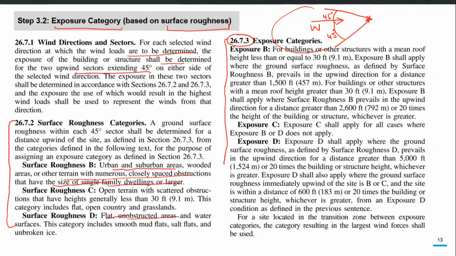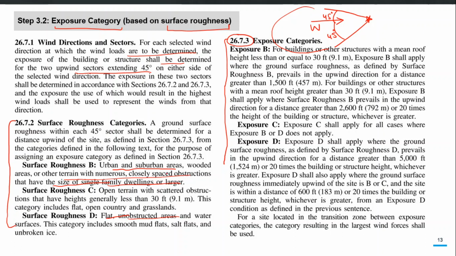So depending upon what area is surrounding your site, you will classify surface roughness as B, C or D. Obviously B is the highest surface roughness, and D means flat or unobstructed areas. This roughness will affect the design wind speed and the design wind pressure experienced by our structure.